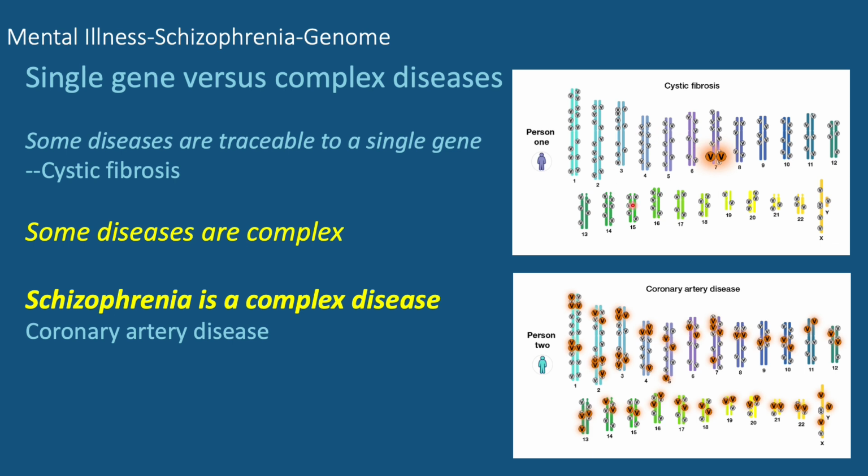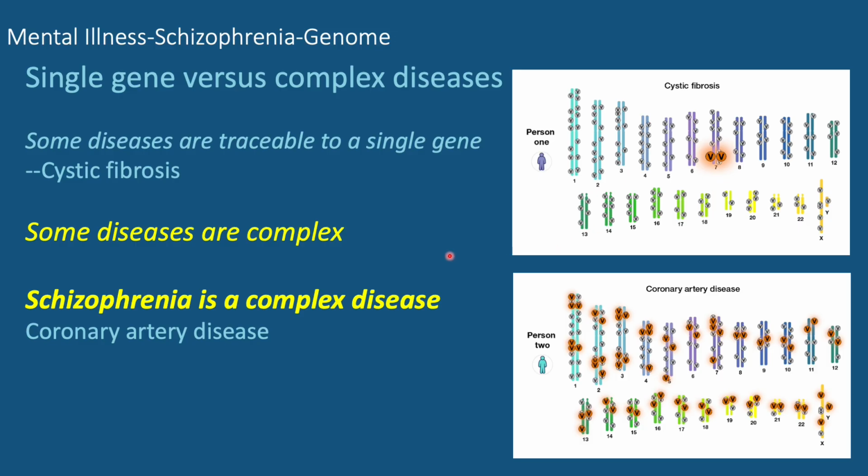So here represented are 1, 2, 3, 4, 5, up to 23 chromosomes. The last one is the sex chromosome. You can trace the origin, the cause of cystic fibrosis, just in a gene in a single chromosome.